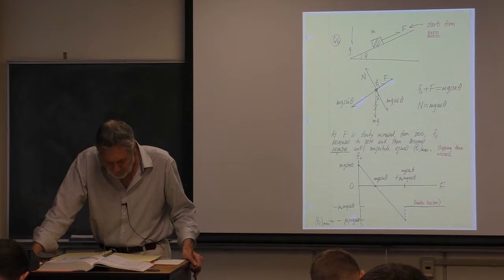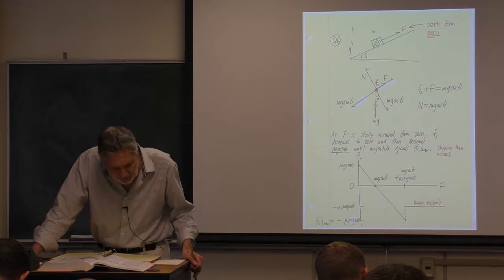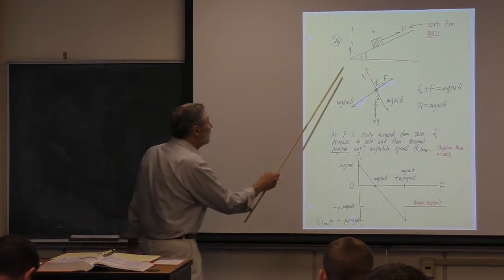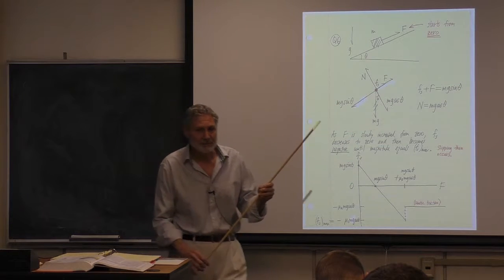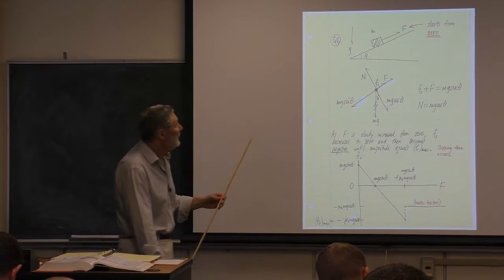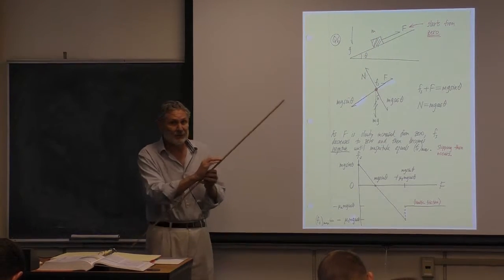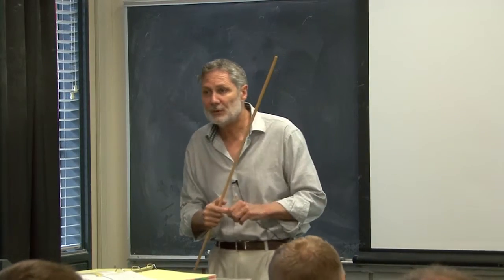So there's another conceptual question here. Again, friction. Oh yeah, so this is the graph we're going to see here. So here's the situation. We've got a block that's resting on an inclined plane, right? And when there's no applied force, it's just resting there. So what's going on there?